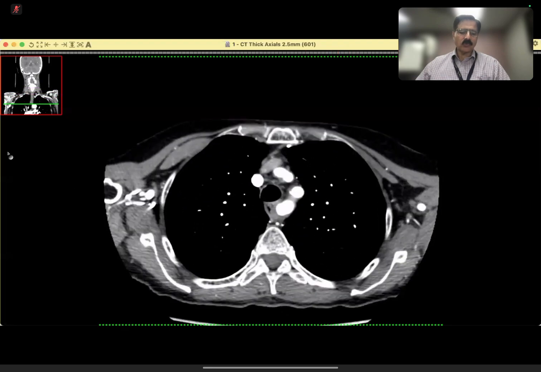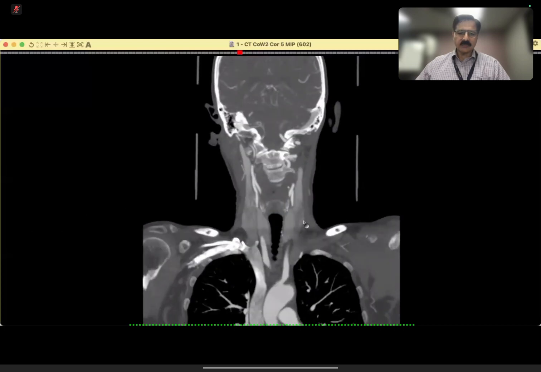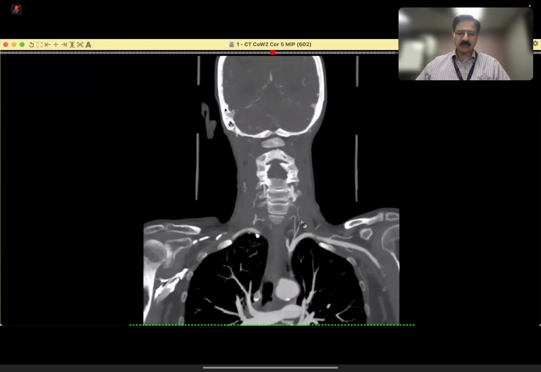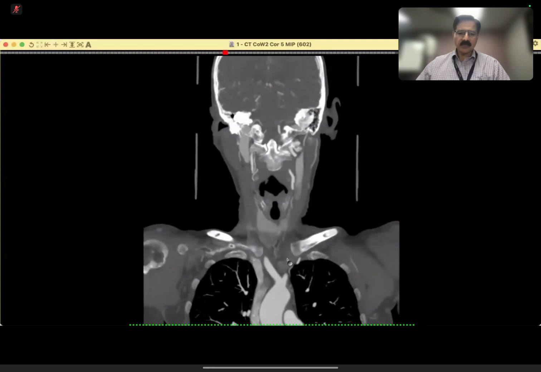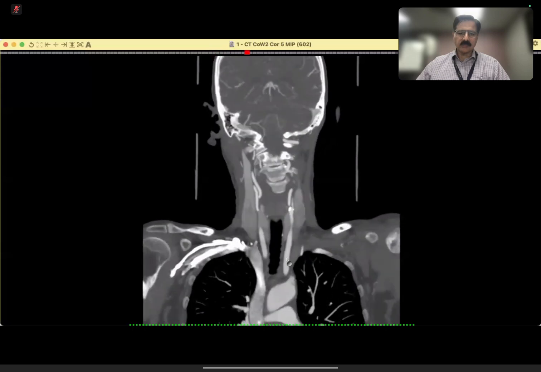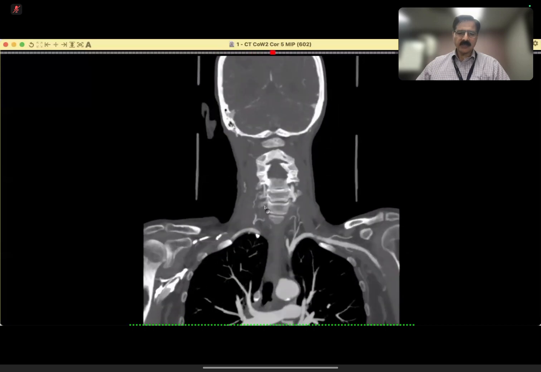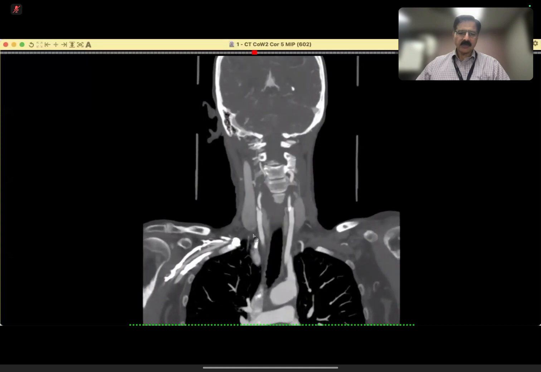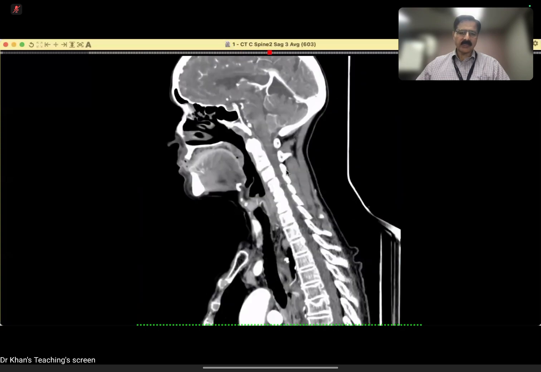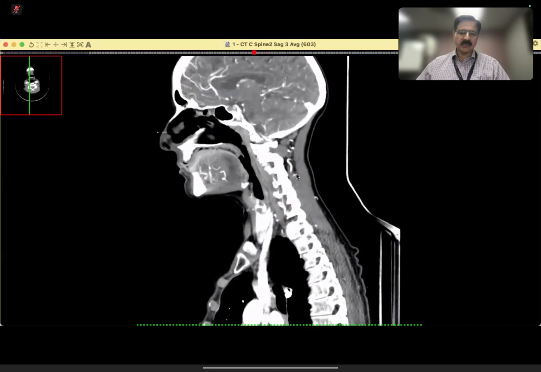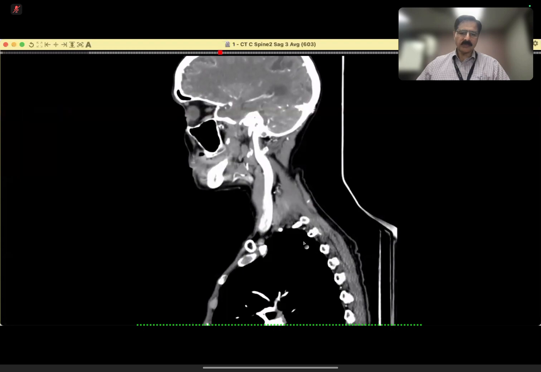Same finding you can see on the coronal sequence, and on coronal, here you are, this is the vertebral, and on sagittal you can see it, but axials, as I pointed out, were good enough to diagnose it.